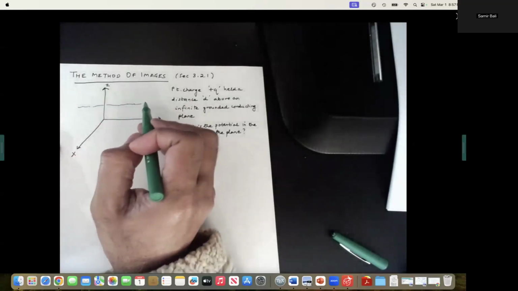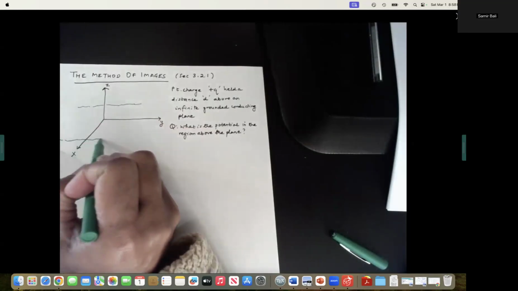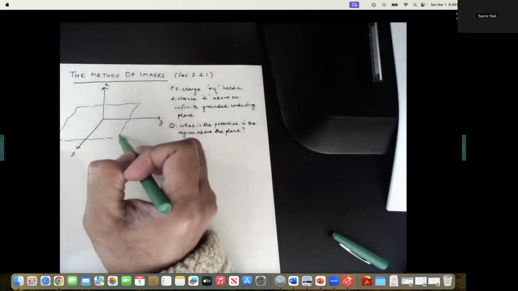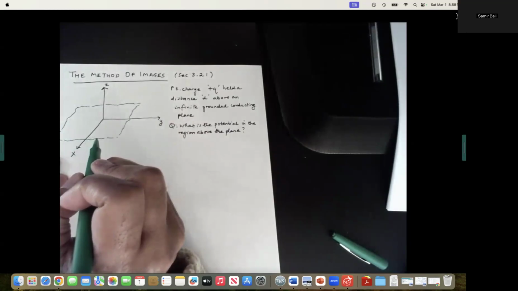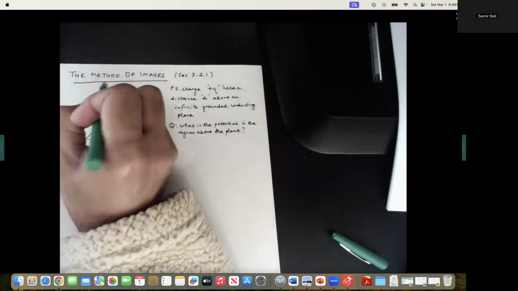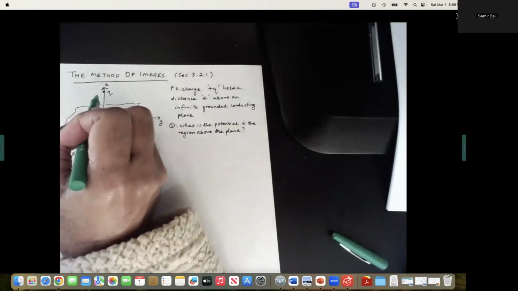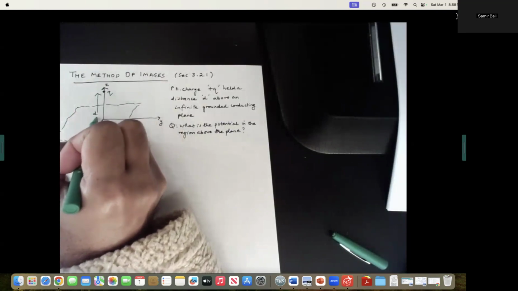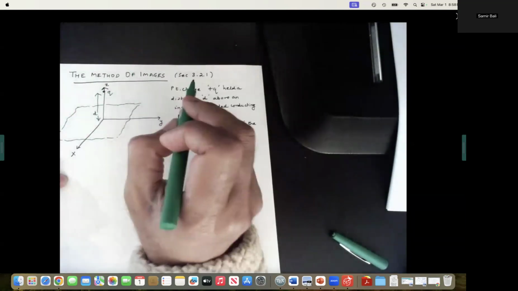It's infinite really, but okay, that's what the plane looks like. And there is a charge located a distance d from the center, d from the plane, I mean, right?